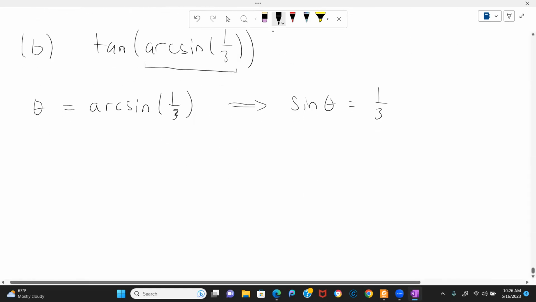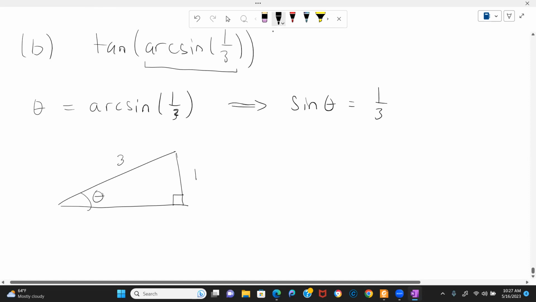The best way to conceptualize this is to draw a right triangle where the angle is theta. And we know that sine of some angle is the opposite side divided by the hypotenuse.